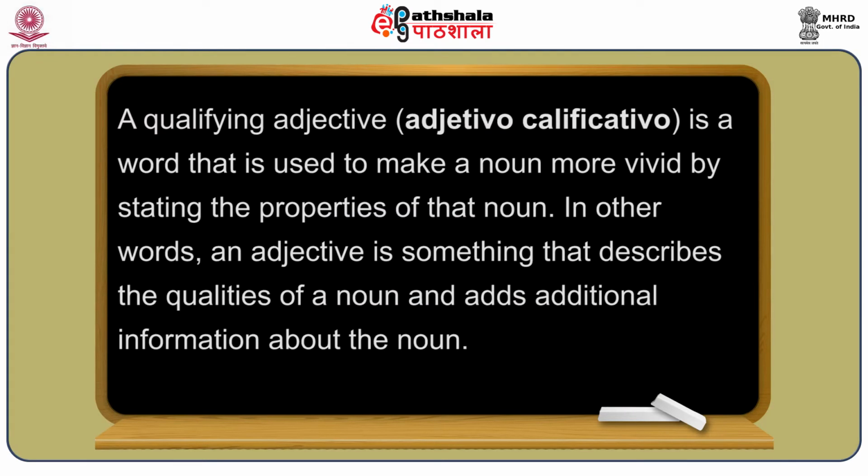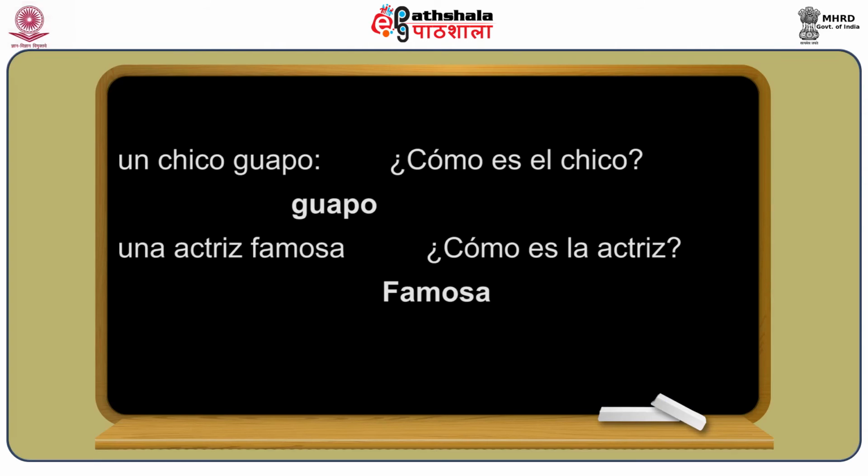A qualifying adjective or adjetivo calificativo is a word that is used to make a noun more vivid by stating the properties of that noun. In other words, an adjective is something that describes the qualities of a noun and adds additional information about the noun. For example, un chico guapo, meaning a handsome boy.